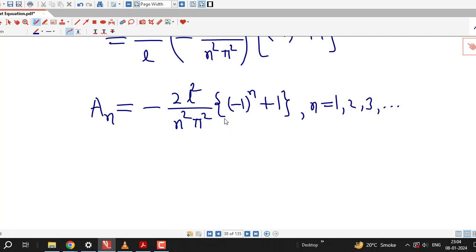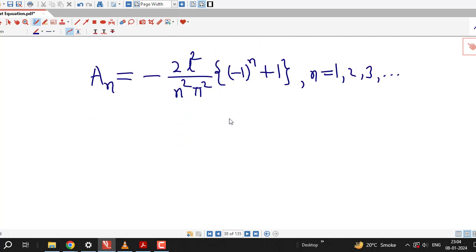So be careful while doing all these calculations, otherwise it is easy to make mistakes. So now therefore we can write this solution. Now we substitute all these values in that formula.